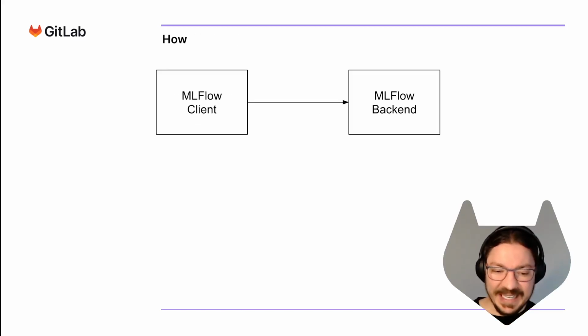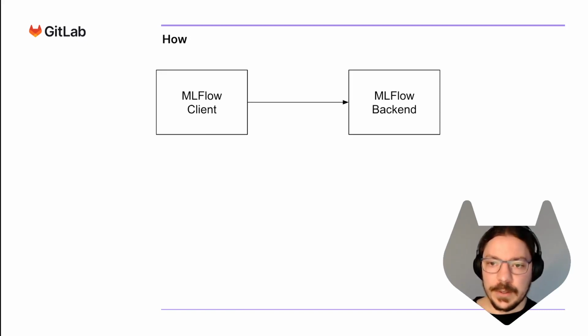And how does that manifest technically? MLflow experiment tracking has two components. One, the client code, which is the library that data scientists use to push information. They are running their experiment, and it will call the MLflow library to send information to the MLflow backend, which is where it's stored, and where they can access it through the UI.